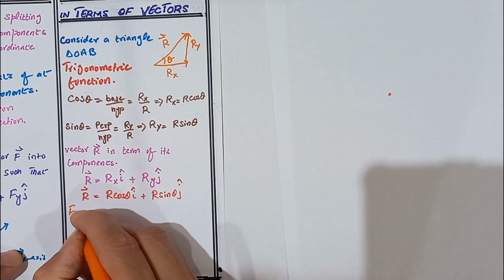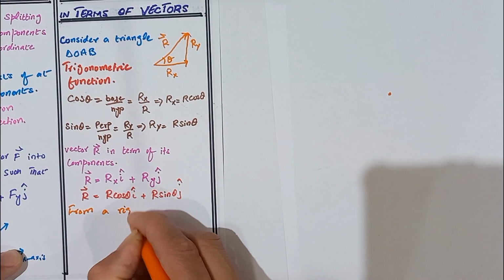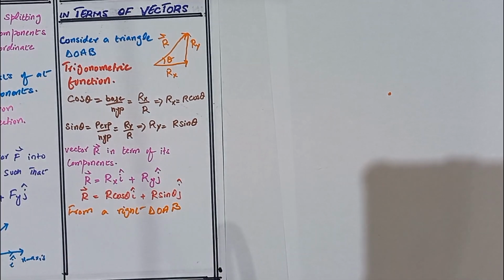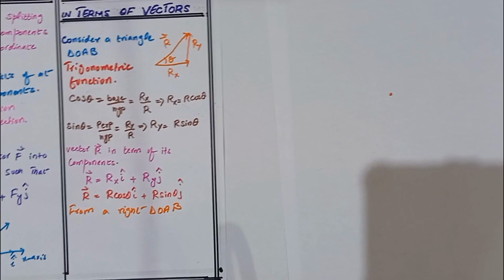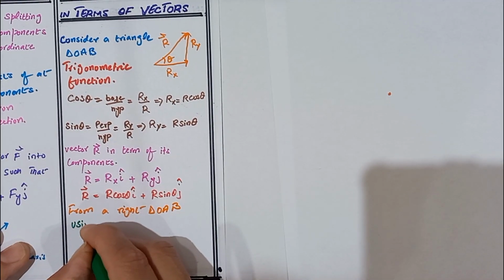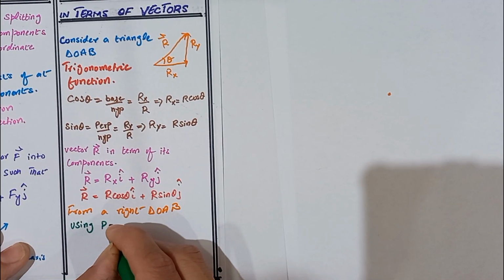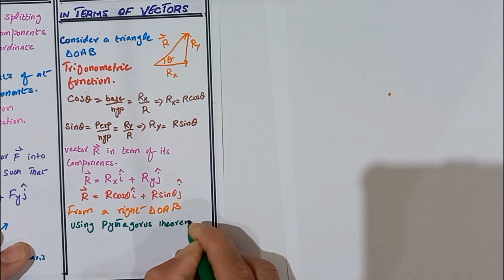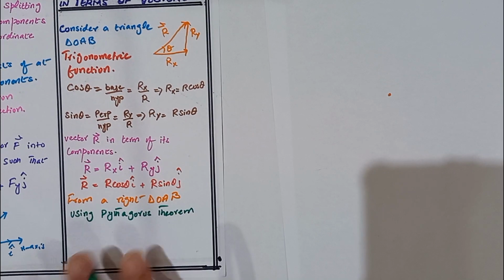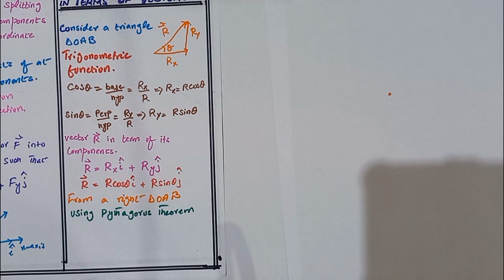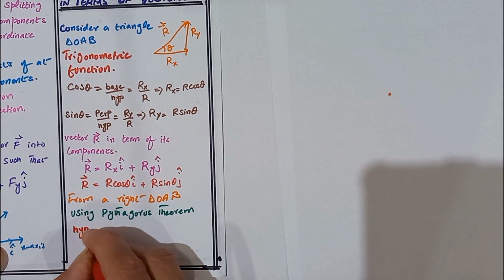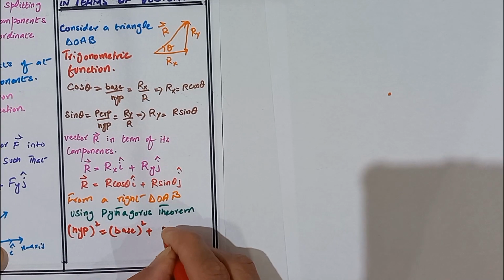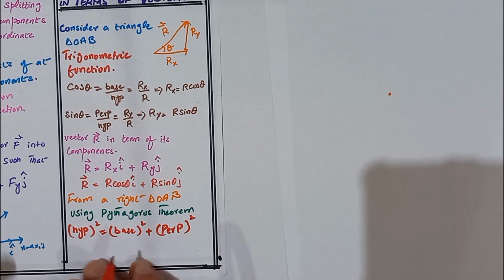Now we can write, from the right triangle OAB using Pythagoras theorem, that hypotenuse squared is equal to base squared plus perpendicular squared.